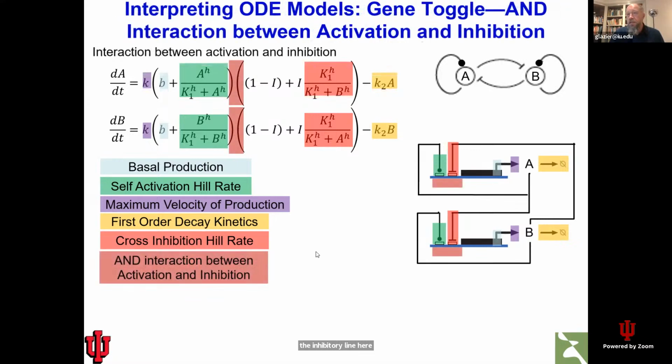And then the last thing that I have is that I have to know how the activator and the inhibitor combine. And here I'm multiplying the activation by the inhibition. That has the form of an AND. That means the inhibition wins out over the activation.